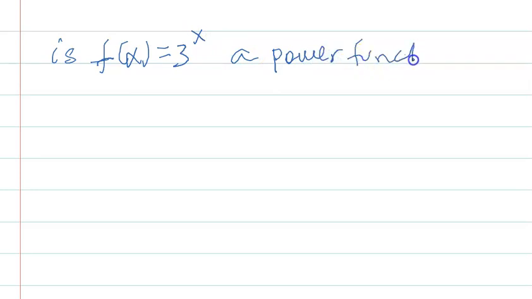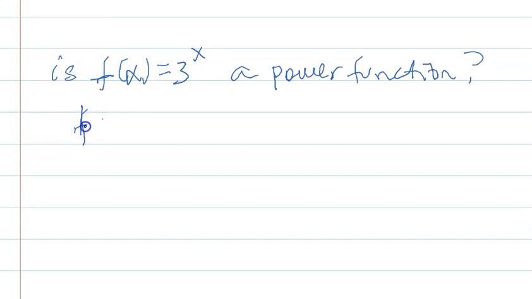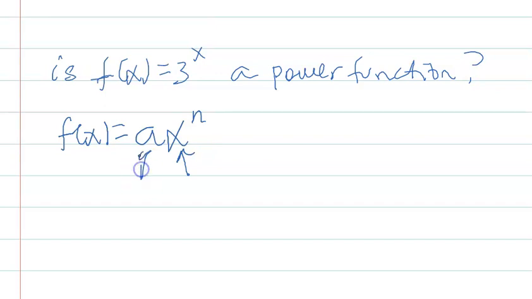Okay. Using these definitions, the question we saw is: is f of x equals 3 to the power of x a power function? According to the definition we saw, a power function is f of x equals a times x to the power of n, where a is fixed and n is fixed. But here the exponent is a variable.